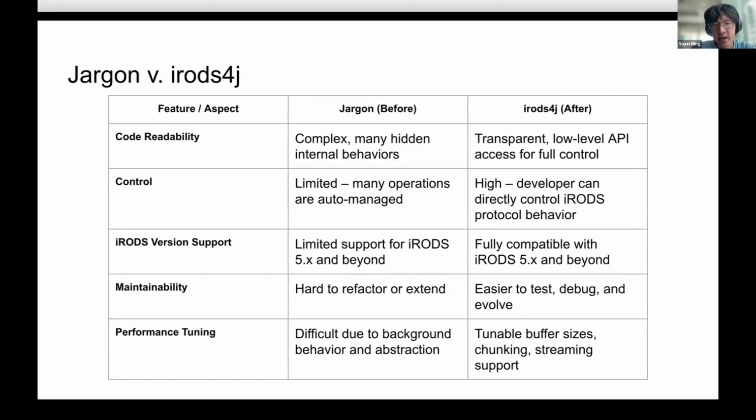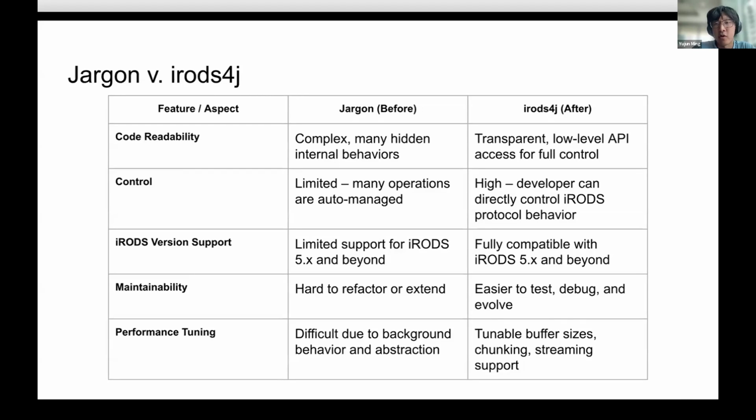Also, since Jargon is already deprecated, it has limited support for newer versions of iRODS, like iRODS 5, whereas irods4j is fully compatible with iRODS 5 and beyond. Because of the code readability and these complicated codes, Jargon is also harder to maintain, which is the reason why Cyberduck maintains its own Jargon.